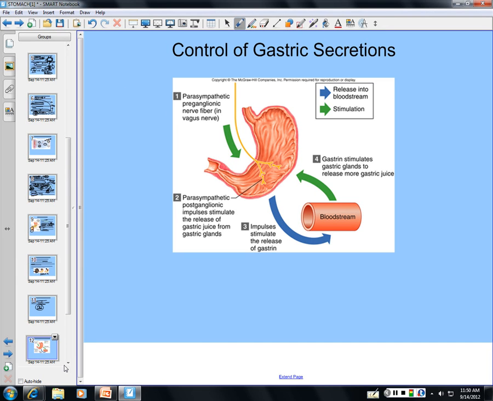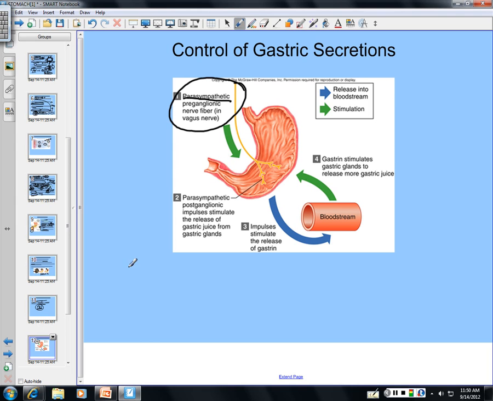Control of gastric secretion. Okay, it depends upon both neural as well as hormonal control. Neural means it has to do with nerves. So who are the nerves? Remember, you are resting and digesting, so parasympathetic nerves are the ones that are going to be very active. When parasympathetic nerve fibers in the vagus stimulate the stomach, the secretory activity increases.